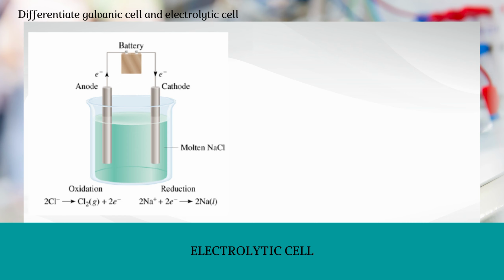An electrolytic cell has three component parts: an electrolyte and two electrodes, a cathode and an anode. The electrolyte is usually a solution of water or other solvent in which ions are dissolved. Molten salts such as sodium chloride are also an electrolyte.